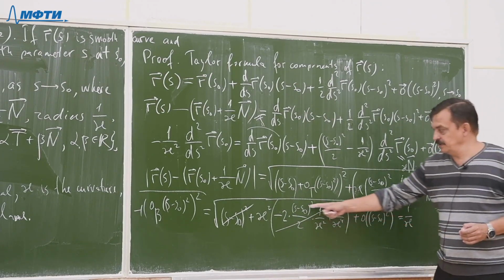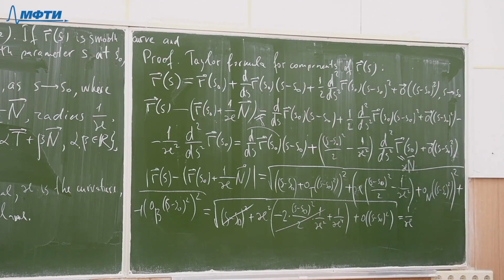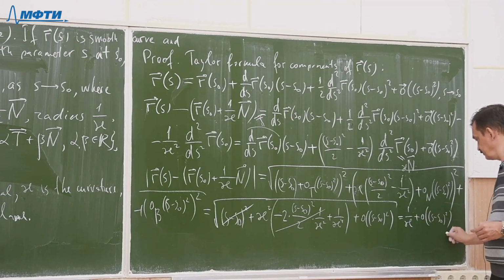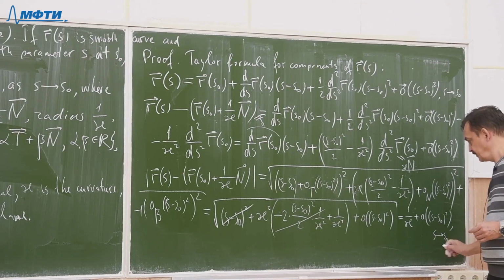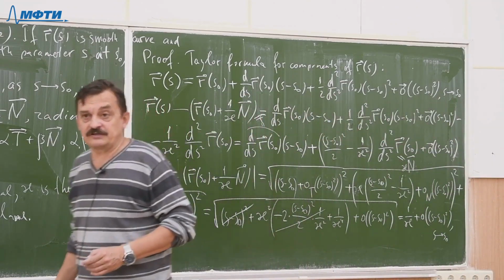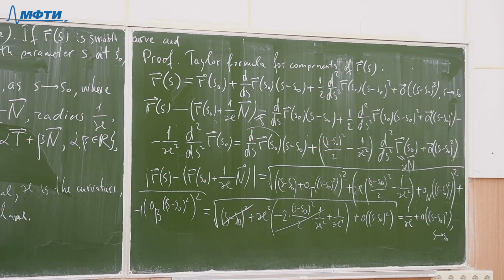And then we may use Taylor formula for square root, 1 plus something, to obtain it can be written like that. So you see, the length of this vector is constant up to quantities of order greater than 2.